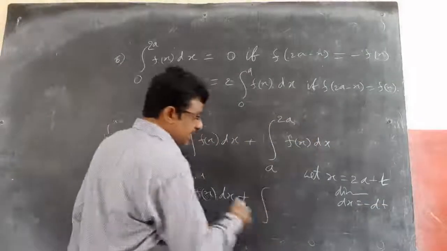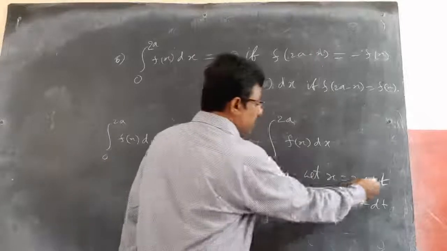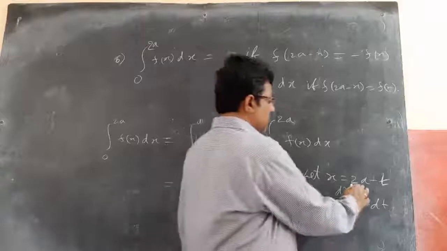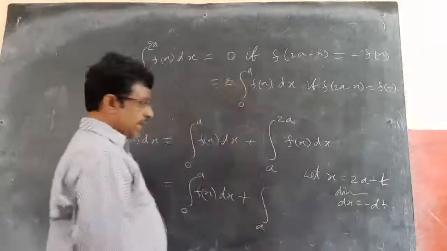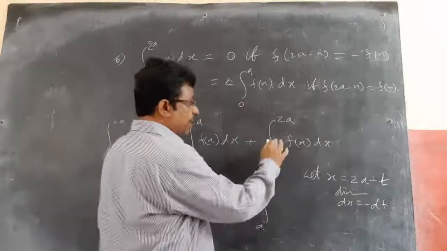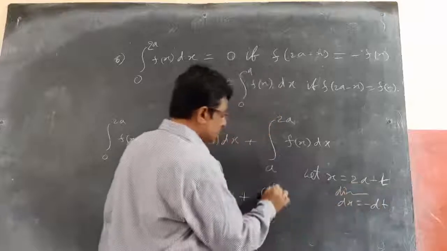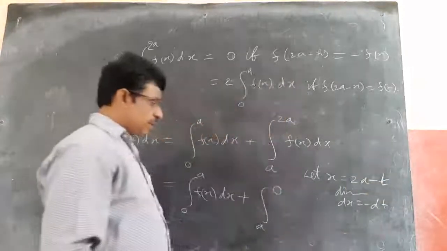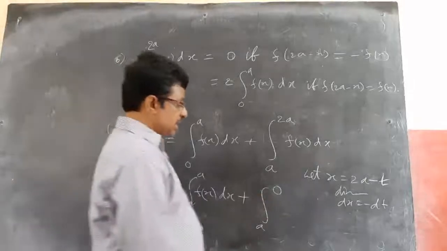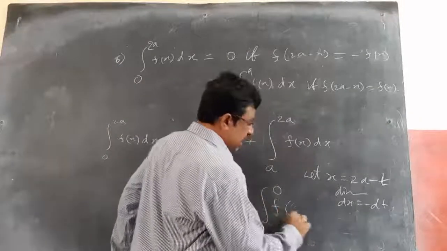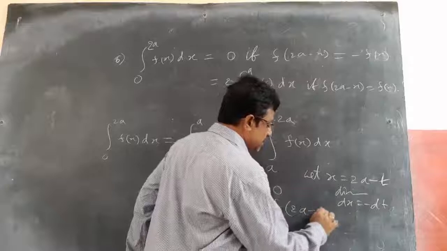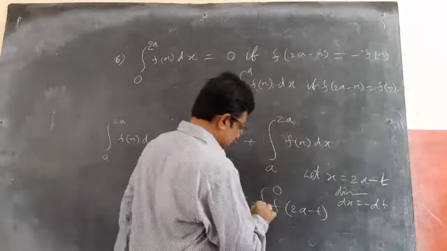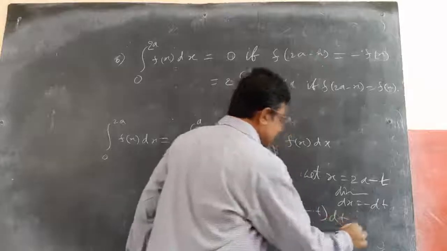Then the lower limit is 2a minus a, which is a, and the upper limit is 2a minus 2a, which is 0. And f(x) I can write as f(2a minus t), because x is 2a minus t. Now dx is minus dt, so I will write minus here, with dt.